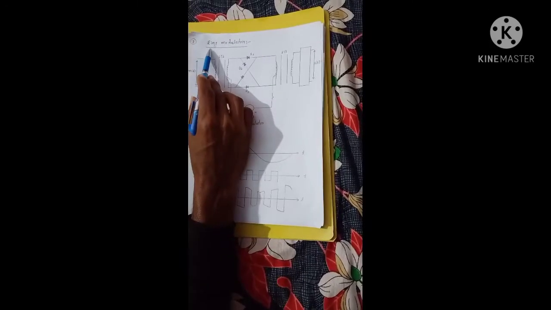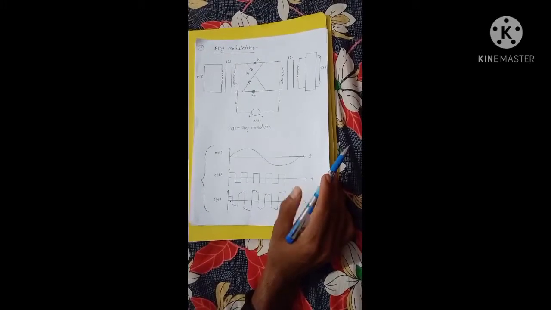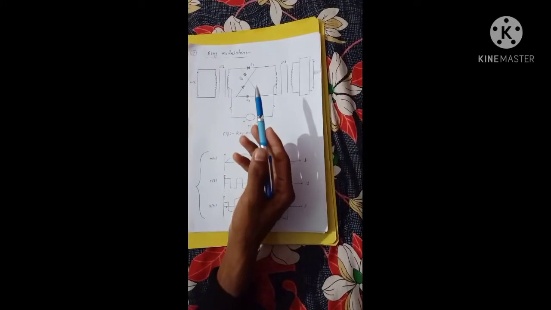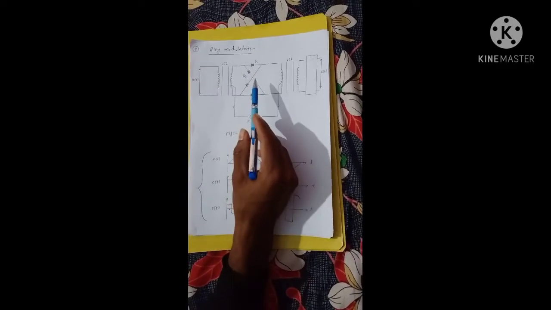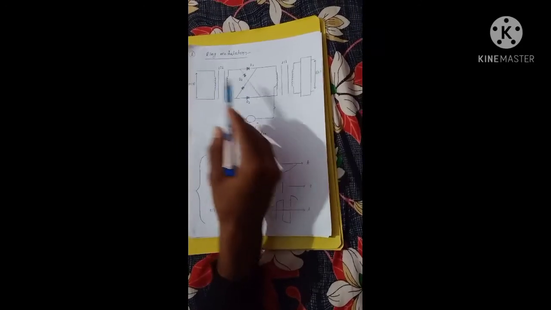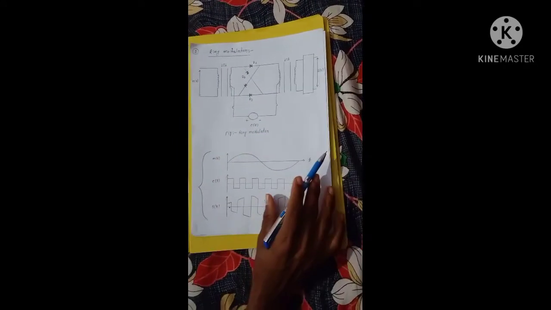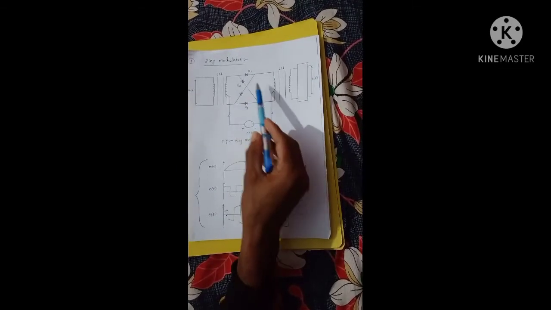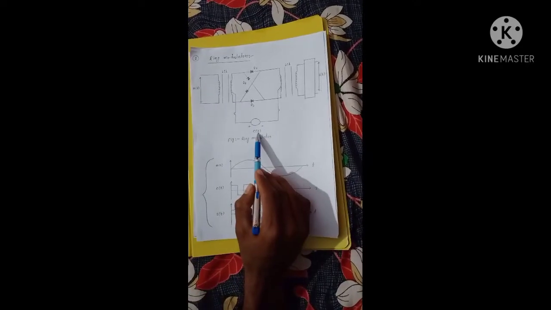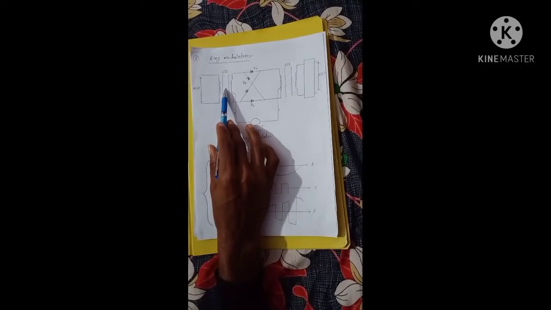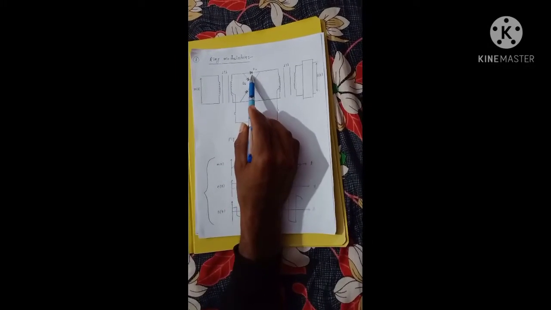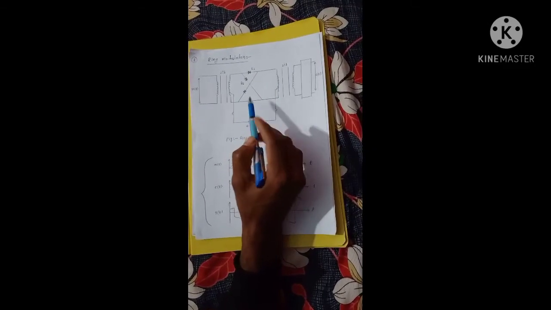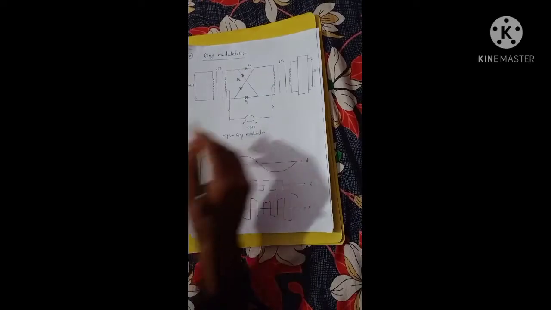Our second method is the ring modulator. The ring modulator can be designed with the help of 4 diodes in the form of a ring to generate DSBSC modulation. This is the figure of the ring modulator. In this figure, this is the modulating signal, this is the carrier signal, this is the center tapped transformer, and these are diode first, diode second, diode 3 and diode 4.